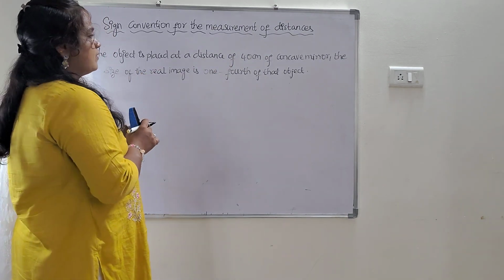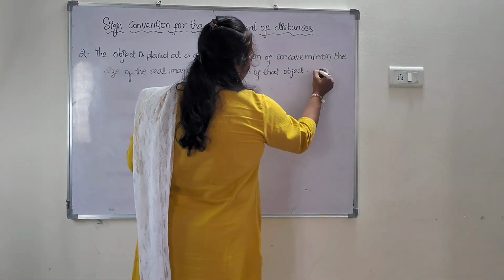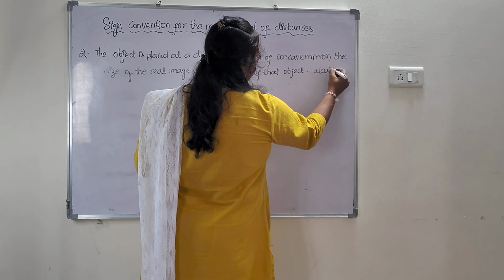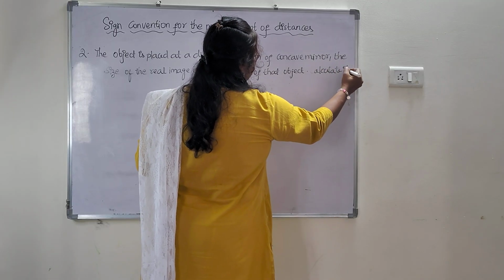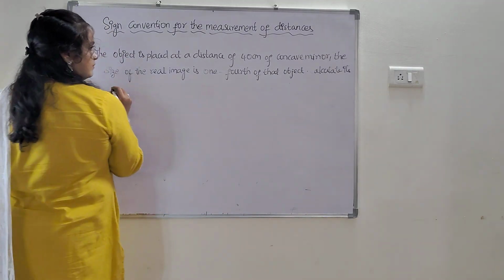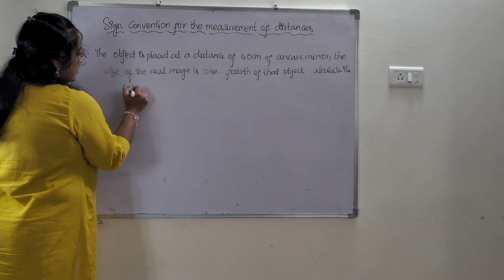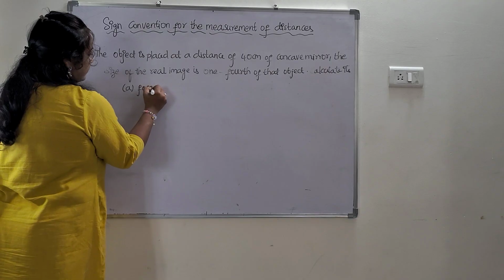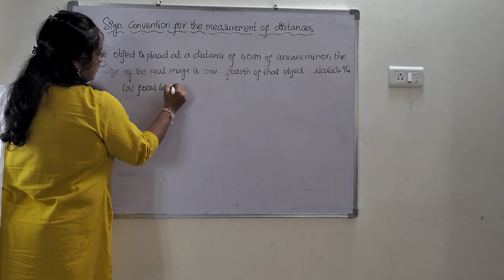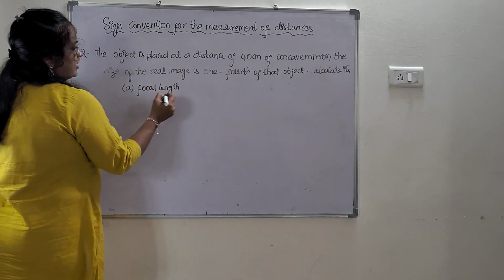The size of the real image is 1/4 of that object. Calculate its focal length and image distance.